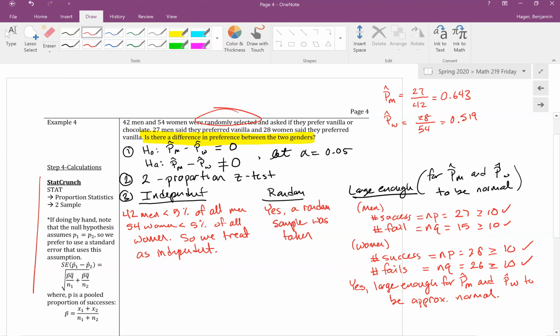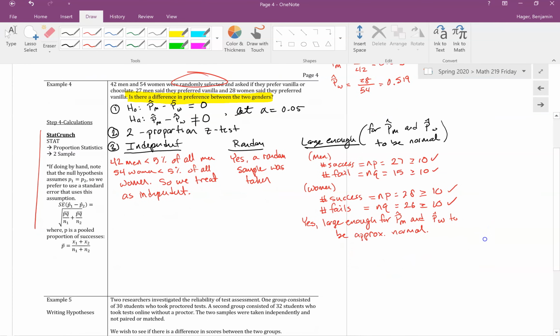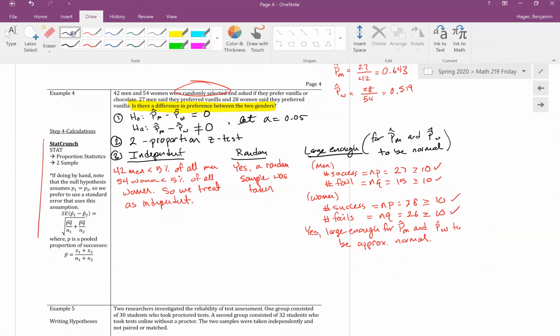Yikes. Okay. So, step 3 got a little more tedious. It was already tedious. Okay, let's talk about step 4. Because remember, for a hypothesis test, isn't the idea now to find your test statistic and then your p-value? Right? And so we want to first find our test statistic.